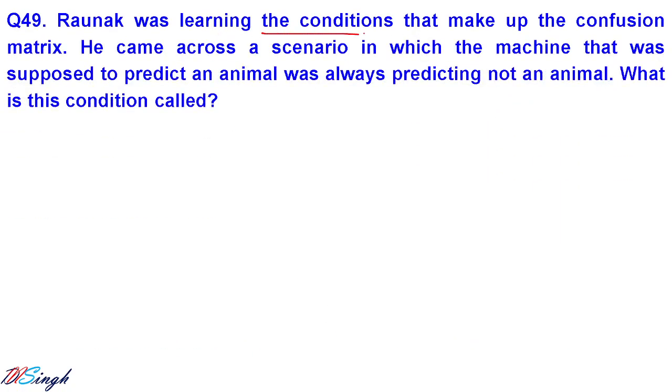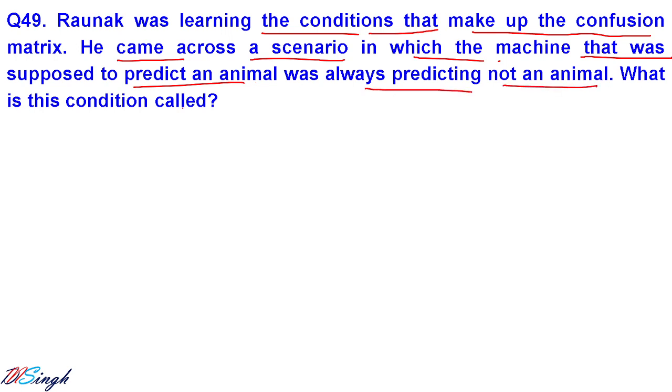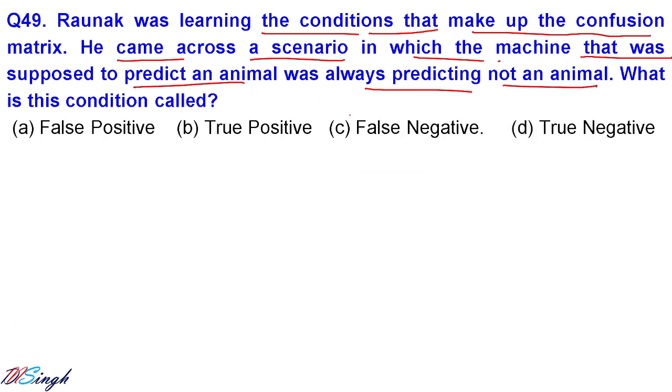Ronak was learning the conditions that make up the confusion matrix. He came across a scenario in which a machine that was supposed to predict an animal was always predicting not an animal. What is this situation called? So your prediction is what? Prediction is no, because it is supposed to predict animal and it is not predicting it is an animal.